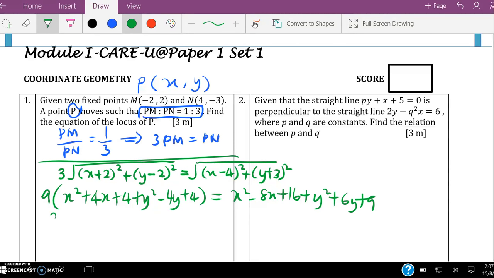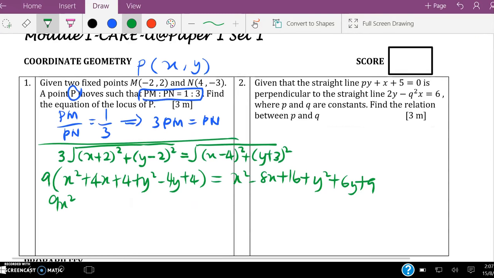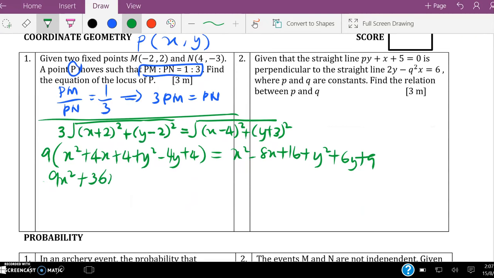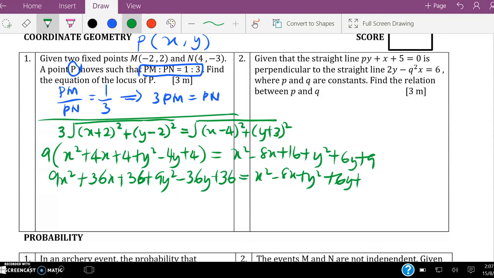So 9x squared plus 36x plus 36 plus 9y squared minus 36y plus 36 equals x squared plus y squared plus 6y plus 25. You don't have to move around too much. All you have to do is look for the correct coefficient. 9x squared minus x squared is 8x squared.